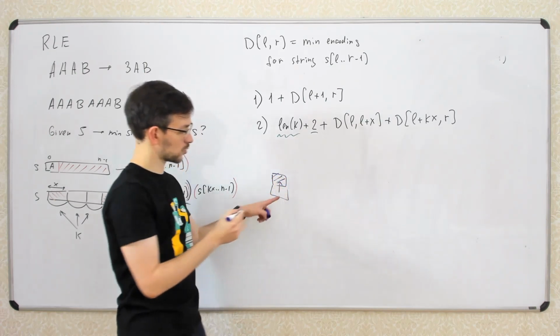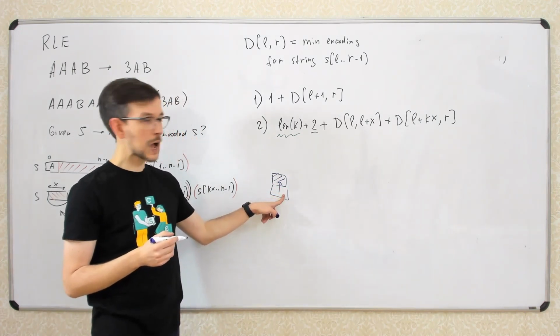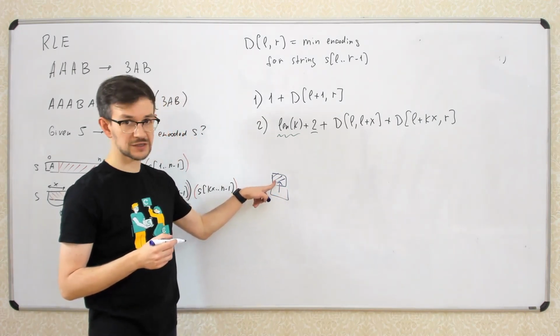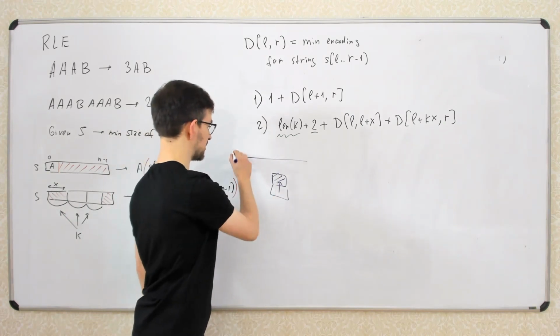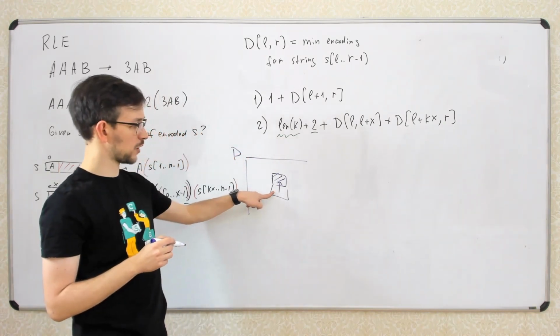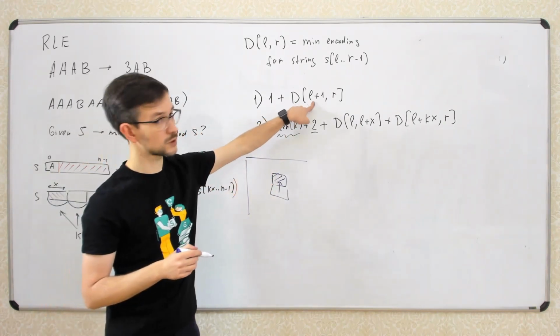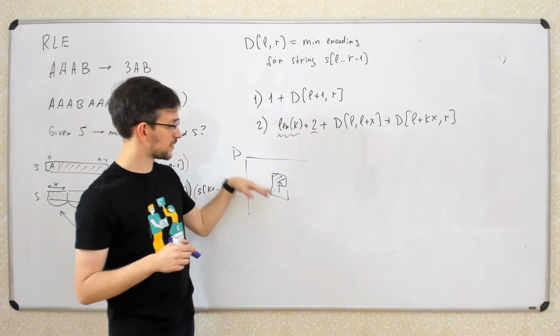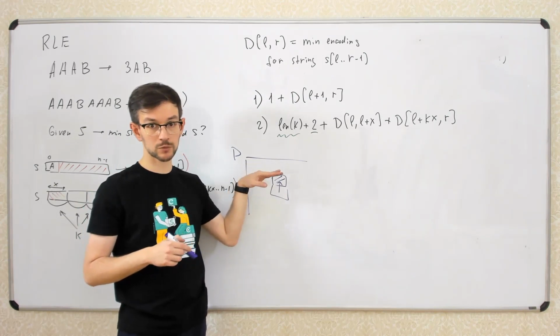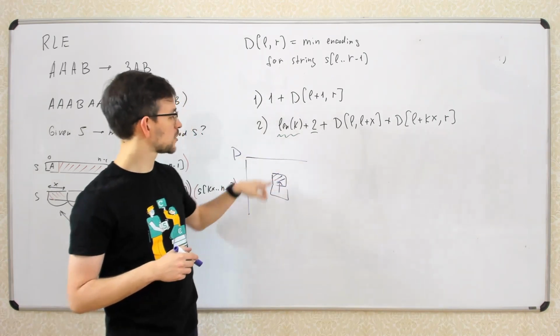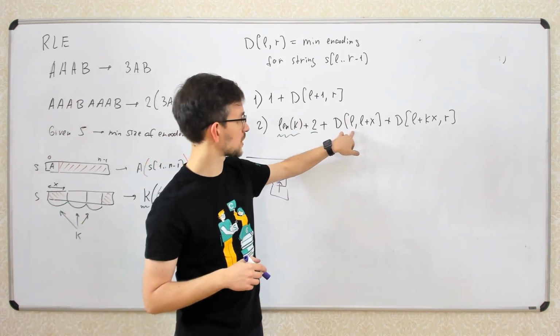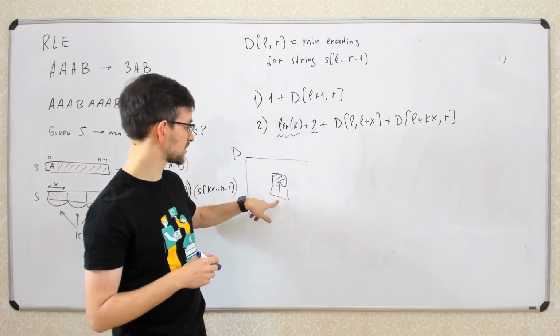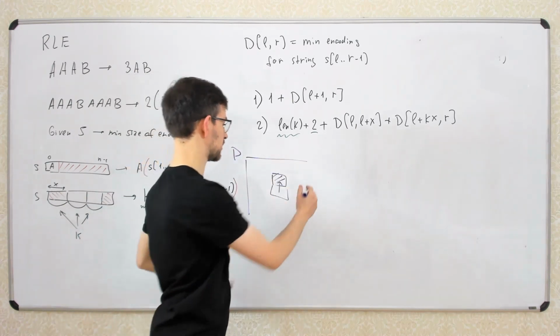So we need to calculate this bottom cell before we calculate this cell of the array. If this is the array, this cell must be calculated before this cell because we use it here. So actually what you need to do is to calculate this array not top to bottom but bottom to top. Here you need to calculate this, and also you need to calculate this cell.